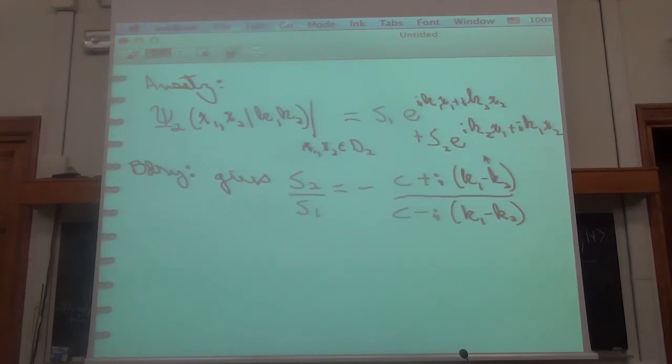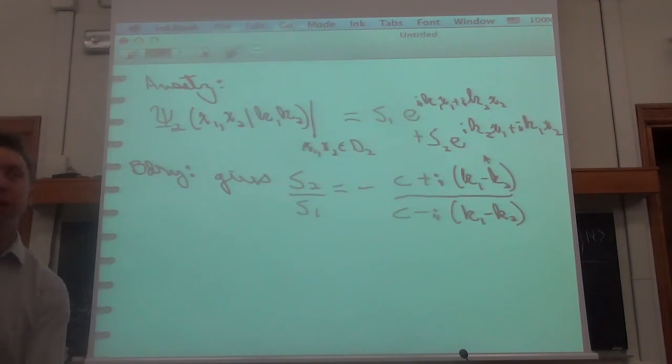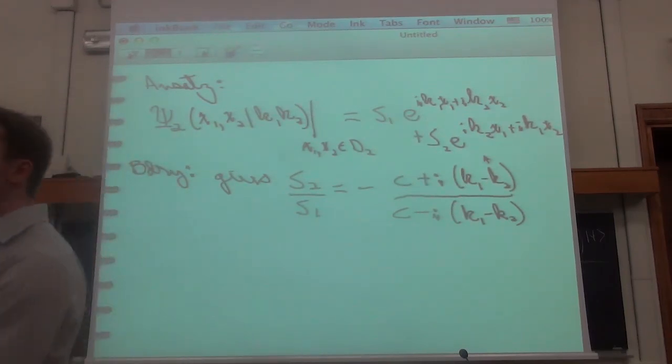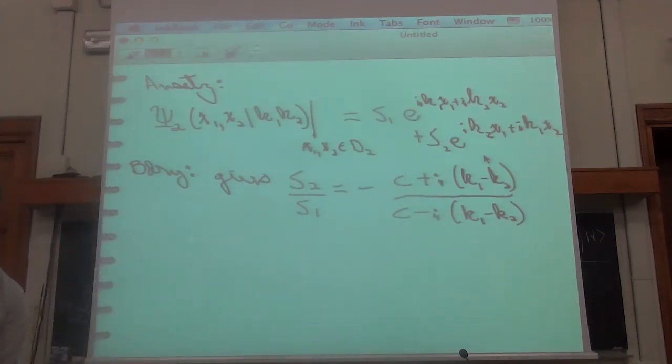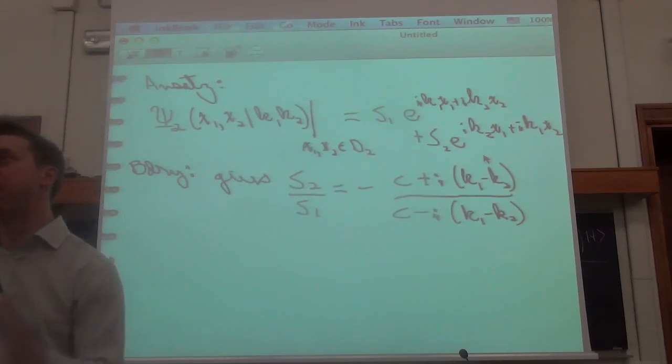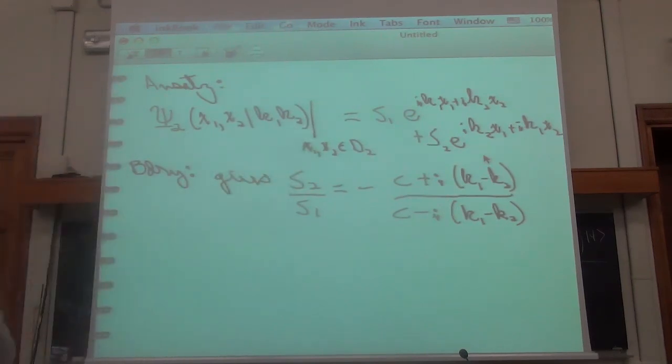In the case of the Bethe ansatz, what happens is that the domains of integration that you have for your free waves are limited. Okay? So for example, if you have two particles and I ask you to do a Fourier transform, what you will do is take your function and integrate both x1 and x2 from minus infinity to infinity independently of each other. In the case of the Bethe ansatz, essentially your coordinates are restricted to these domains. If you want, it's like a Fourier transform over an interval that is dynamically set.